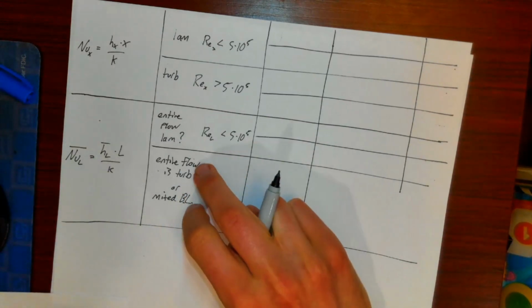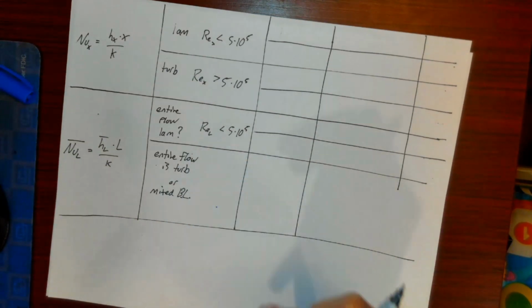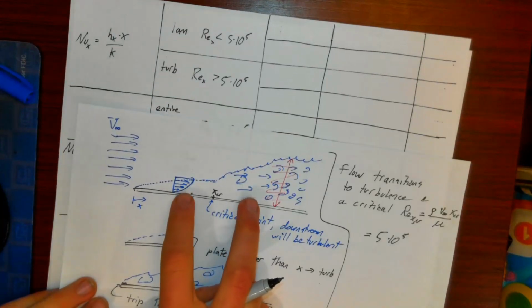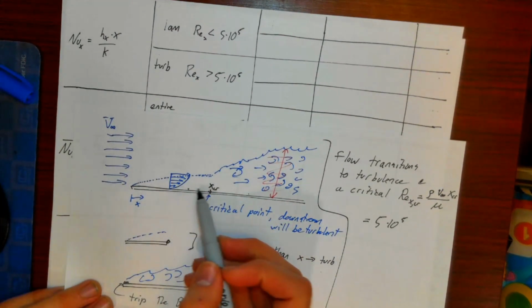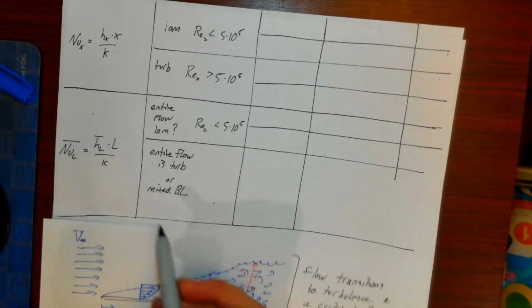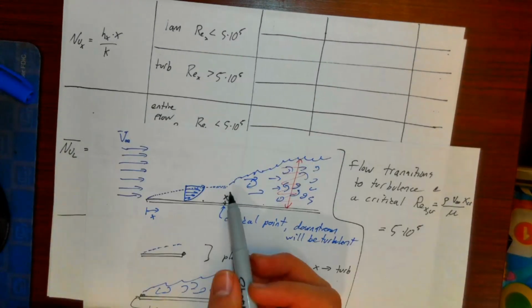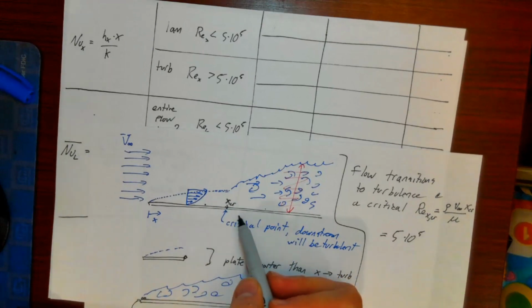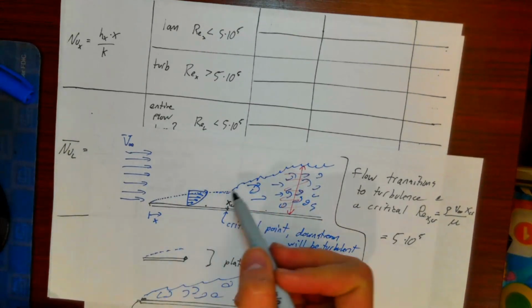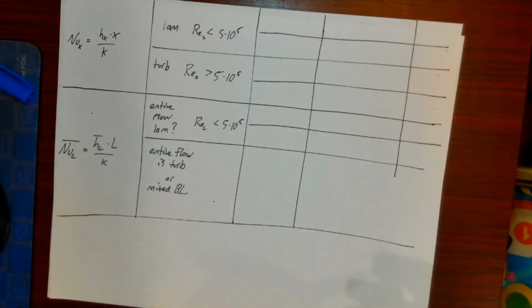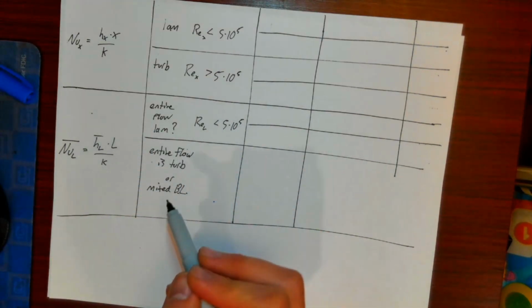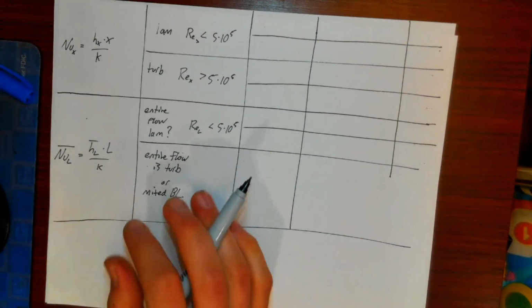We'll basically have one equation with two slightly different versions of it. In the mixed case, some of the plate is laminar and some is turbulent, but we're not interested in the details of what's going on when we're talking about an average Nusselt number. We're just saying, in aggregate, how much heat is flowing out of this whole thing, or related to average surface temperatures and so on. So this is basically what we're building out here.